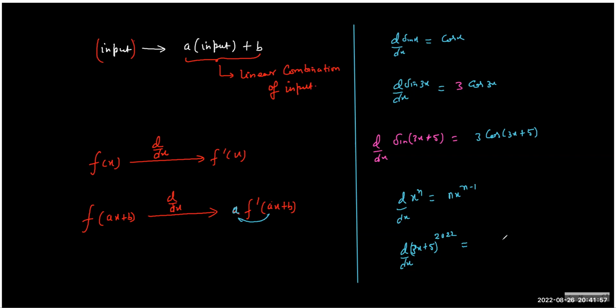You can forget about the 3 and 5, think like x power n, because we are replacing x by the linear combination, so it is still x. You can treat it as x, and therefore the formula will be the same.